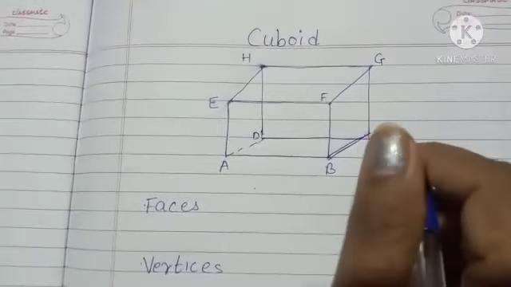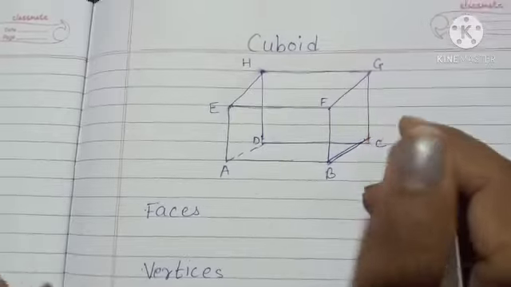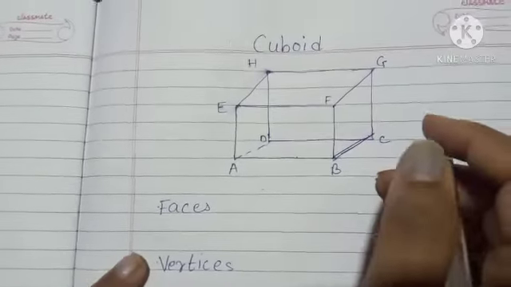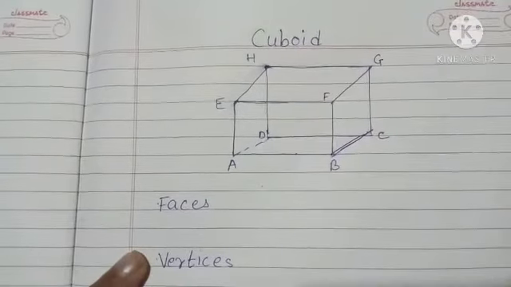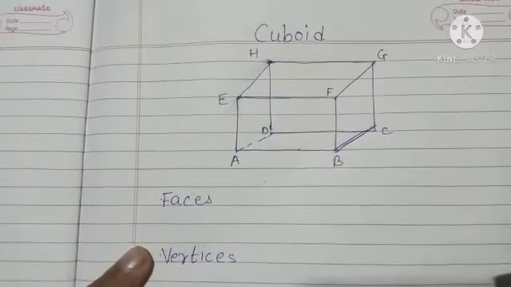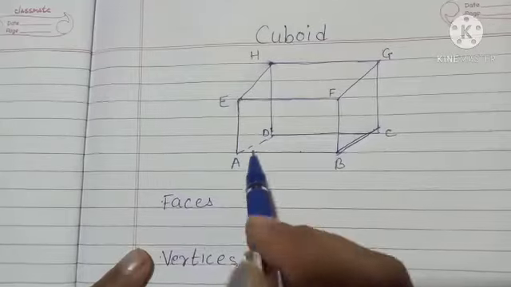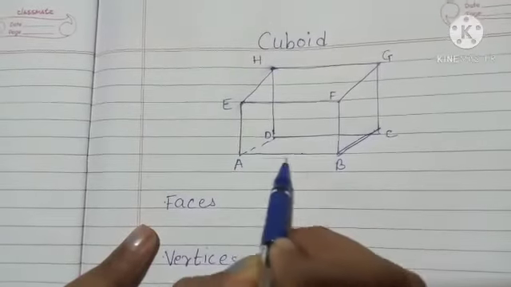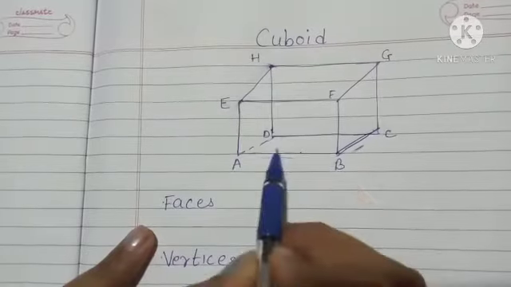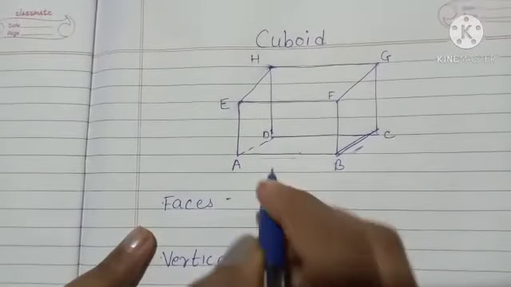Now what we will be doing, I'll be explaining you first the faces of cuboid. Now which are the faces of cuboid? Can you guess it from this figure? Exactly, you are correct. The first face of the cuboid is A, B, C and D. This one which is down is the first face of the cuboid.